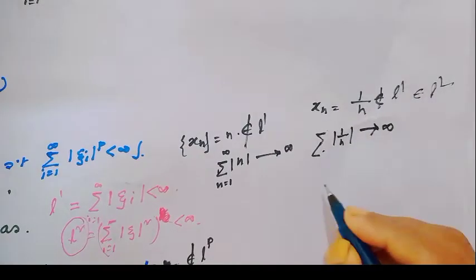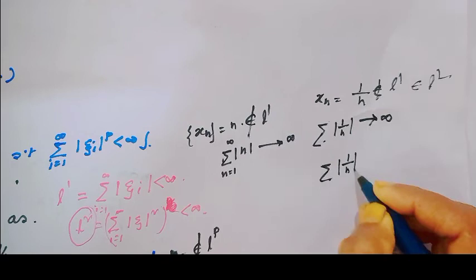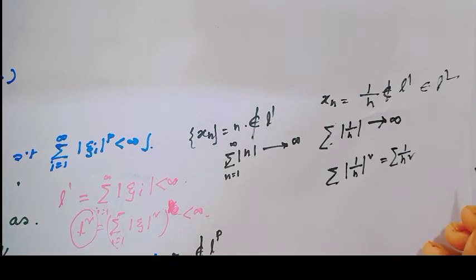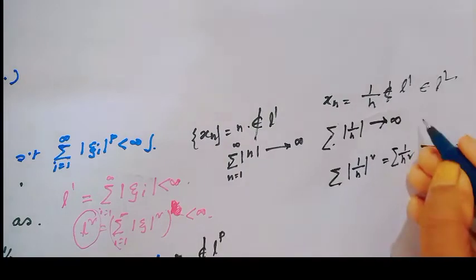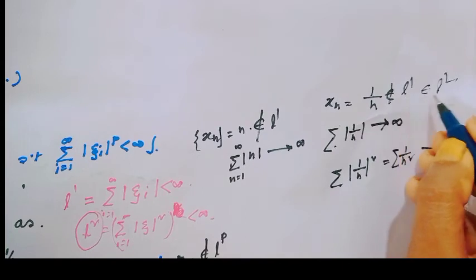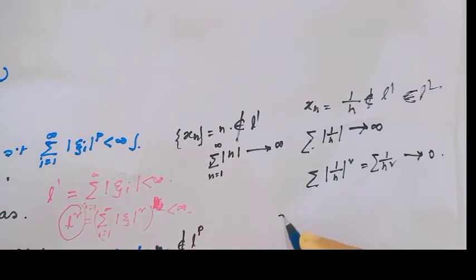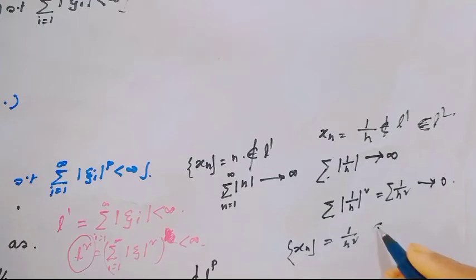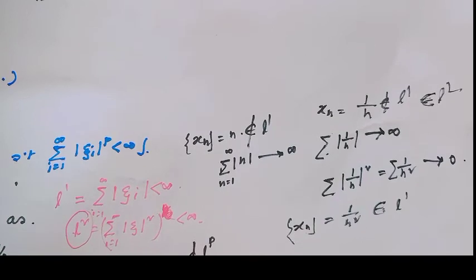Notice, l2 means this would be absolute value of 1 over n, squared. And we all know that the series of 1 over n squared is convergent. That means this belongs to l2 but does not belong to l1. But if we consider the sequence x_n equal to 1 over n squared, then obviously this belongs to l1. Are you getting the idea?